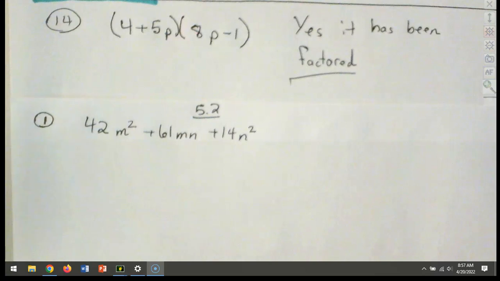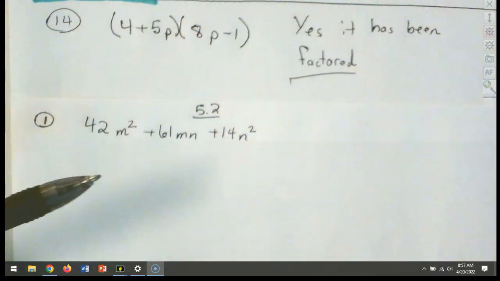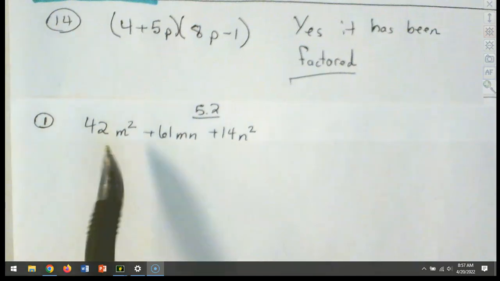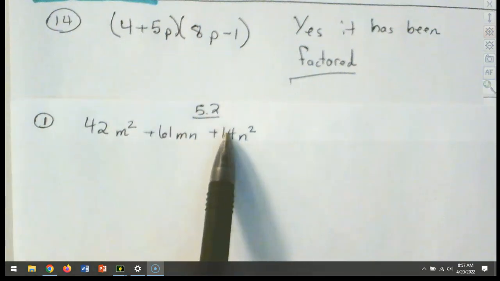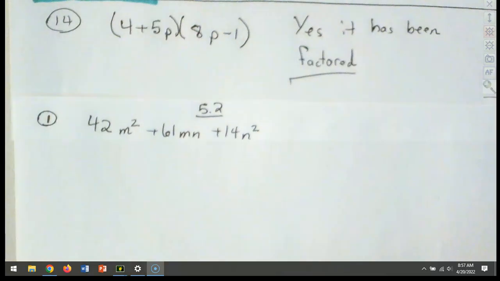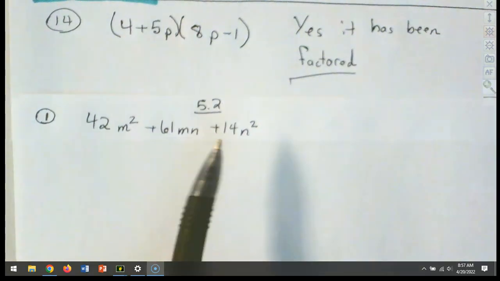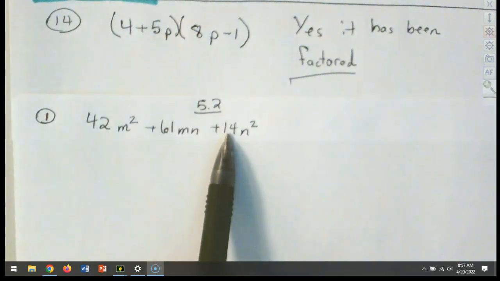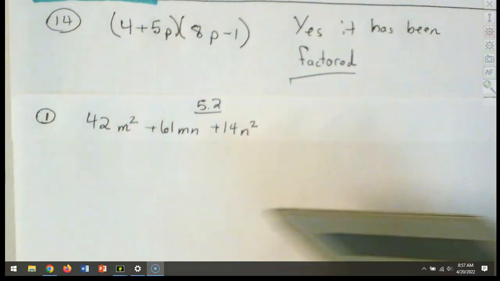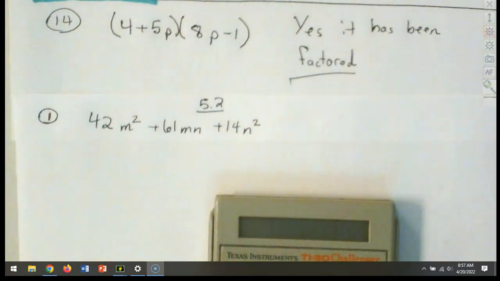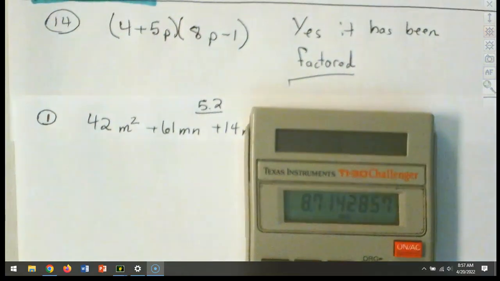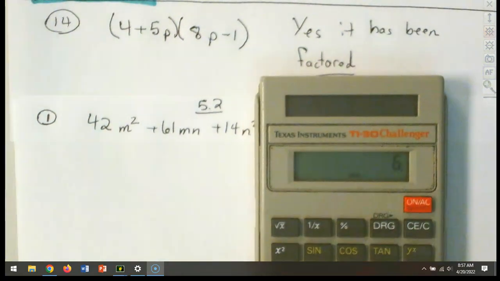I've got a 42, and I've got a 14 and a 61. Now, I know I can't take a 2 out because 42 and 14 are even, but 61 is odd. So the only thing I can take out of 14 is that 14 has a 7 and a 2 in it. And let's see if 7 goes into all of them. Okay, 61, does that evenly divide by 7? Nope, it does not, right? So 61 does not go into 7, so that's not going to come out.